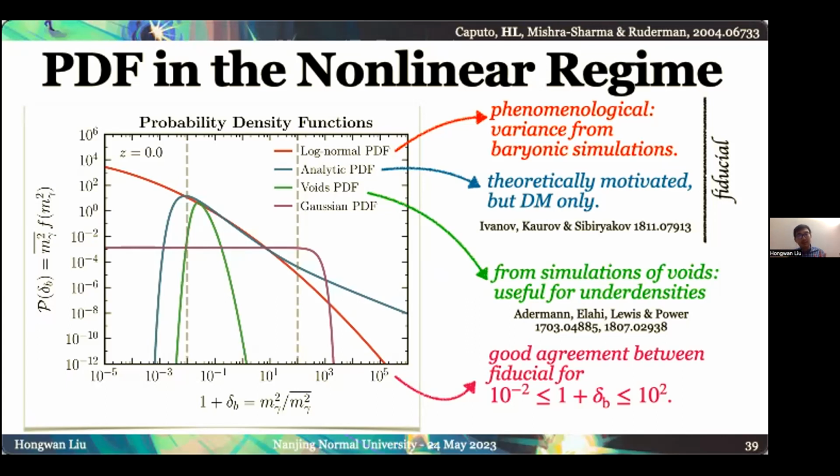But near the mean, and up and down to something like 10^-2 to 10^2 in underdensities and overdensities, the two methods agree pretty well. And so what we did was we only included conversions in overdensities and underdensities between 10^-2 and 10^2, just to be conservative, and use that to set constraints on photon to dark photon conversions.